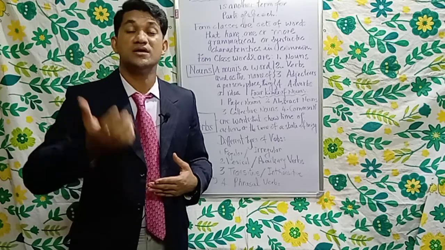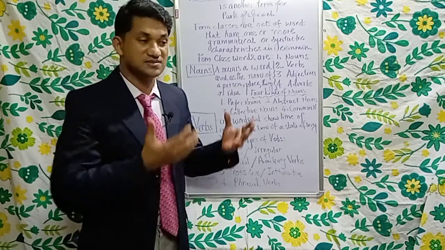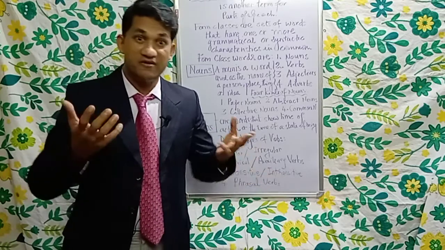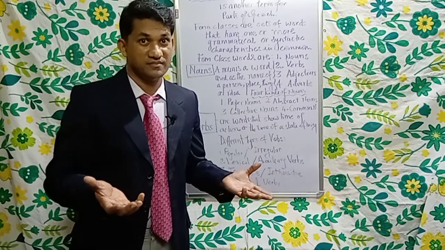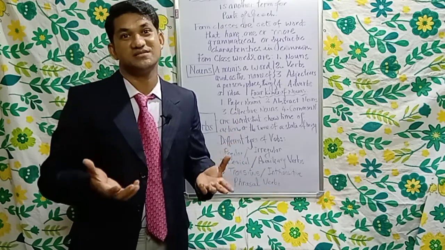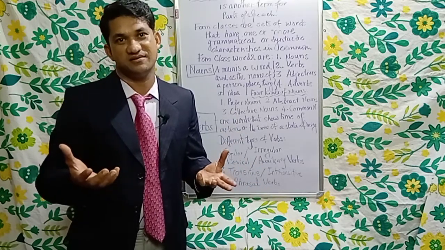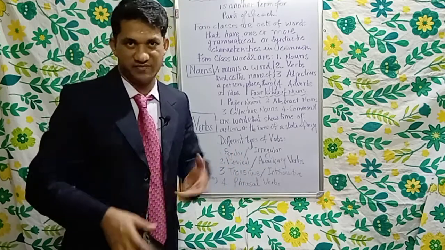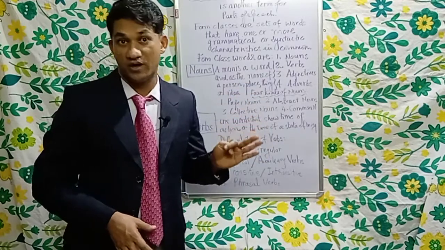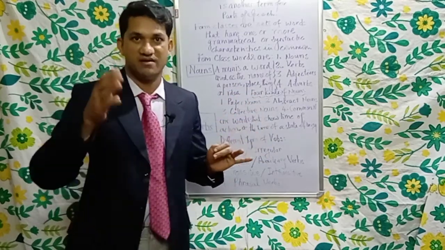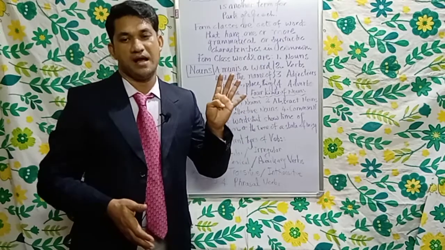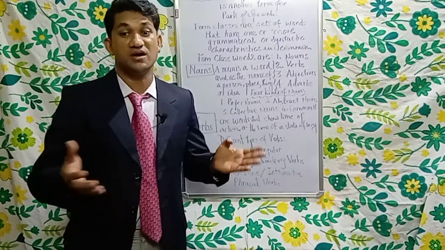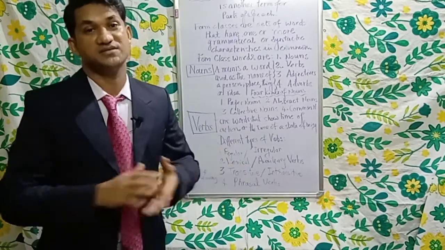Quantitative adjectives show the quantity, like some people came, few men came, a few men came. All these indicate quantity. So there are 5 types of adjectives: quality, proper, demonstrative, numeral, and quantitative adjectives.